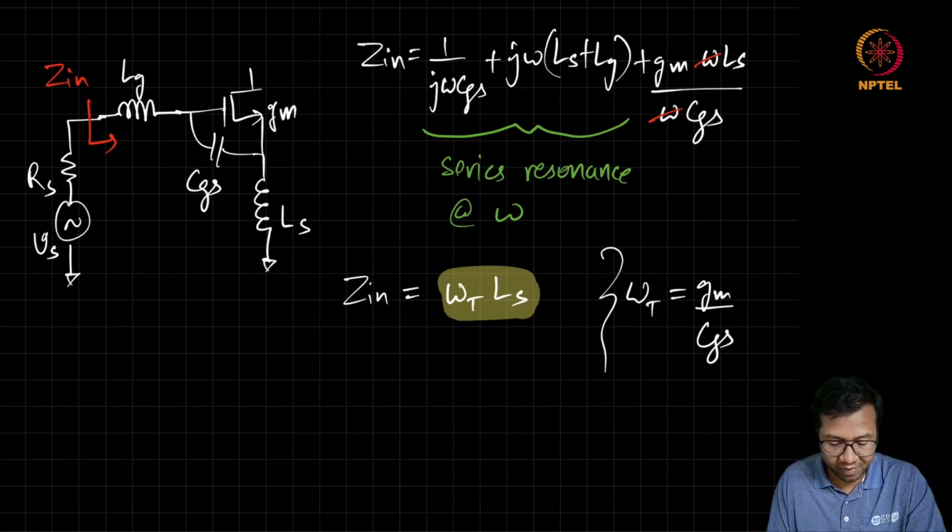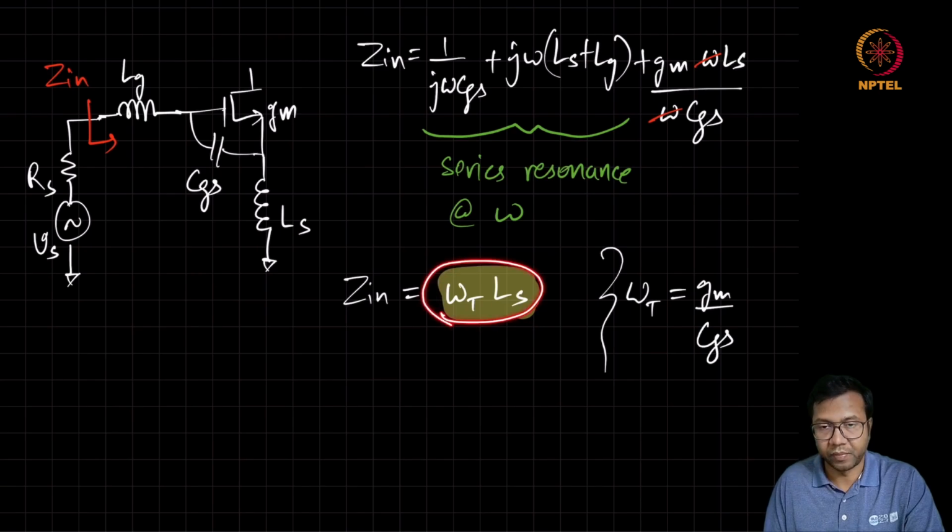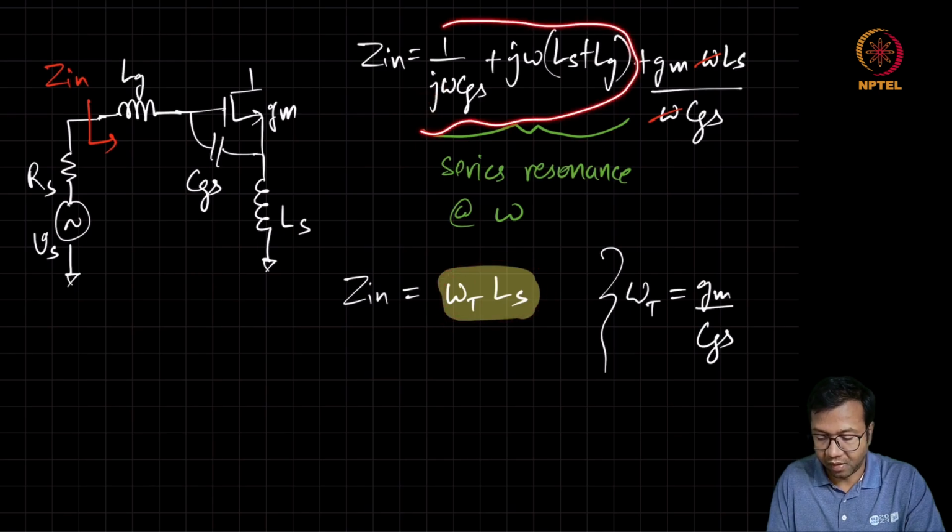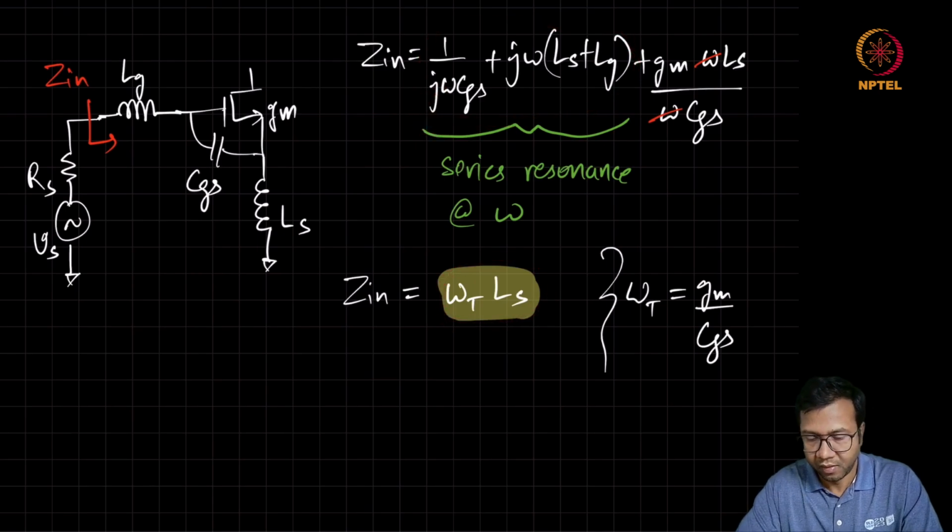So you can choose the components at the design frequency. Input impedance is purely real and equal to omega T L S. Another point to note here is that this real part is actually broadband. This real part doesn't depend on omega; only the reactive parts depend on omega.